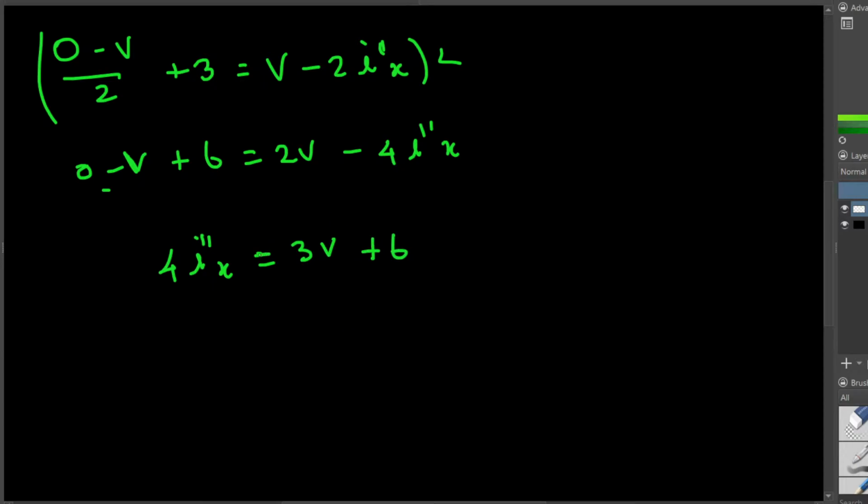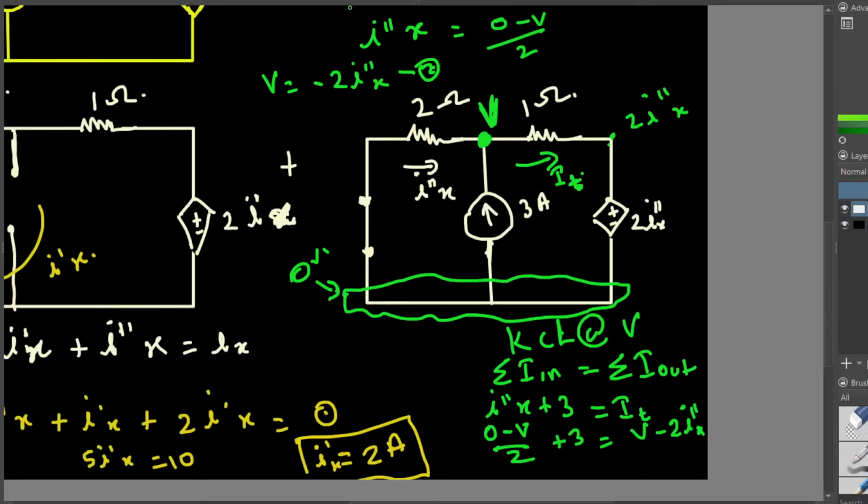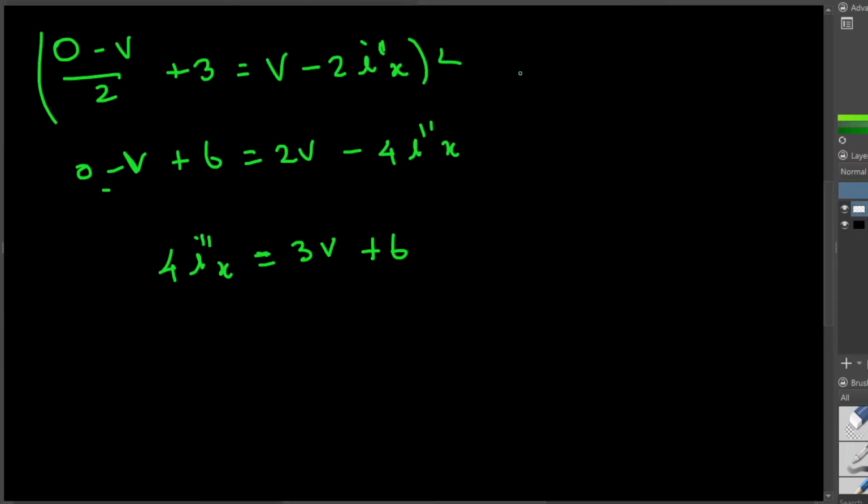Okay, now instead of this v, I can substitute this value, minus 2 I double prime x. In that way, I will make this one unknown variable. 3 times minus 2 I double prime x plus 6.